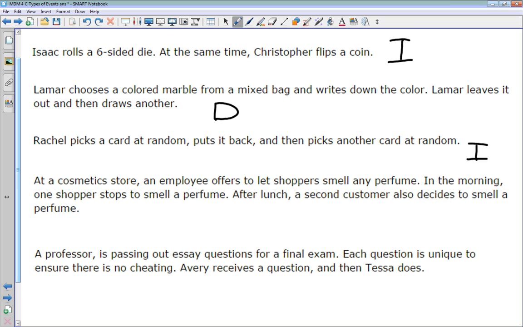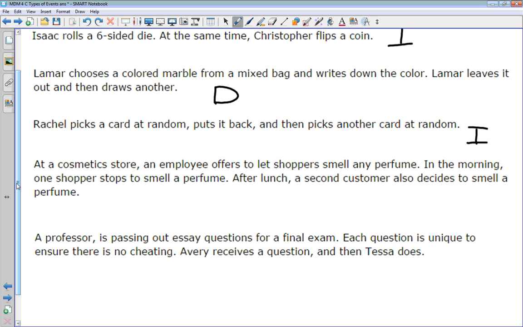Okay. At a cosmetics store, an employee offers to let shoppers smell any perfume. In the morning, one shopper stops to smell a perfume. After lunch, a second customer also decides to smell a perfume. Is this independent or dependent? What do we think? McKenna, what do you think? Why is this independent?